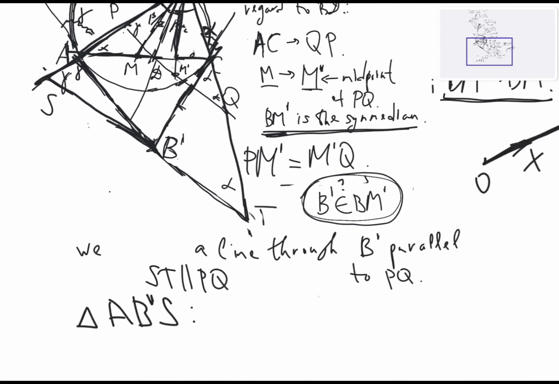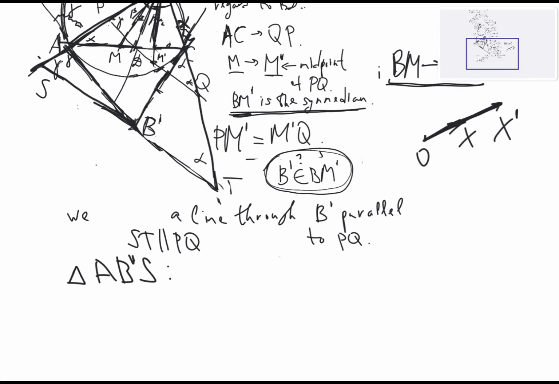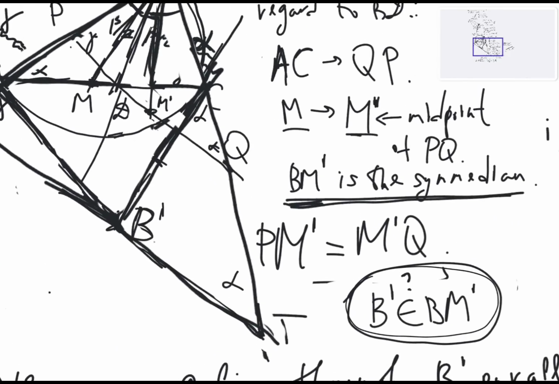So therefore this triangle is an isosceles triangle, so the sides must be also equal. So SB prime must be equal to B prime A. Right, and the other triangle is CB prime T. The point C is here.